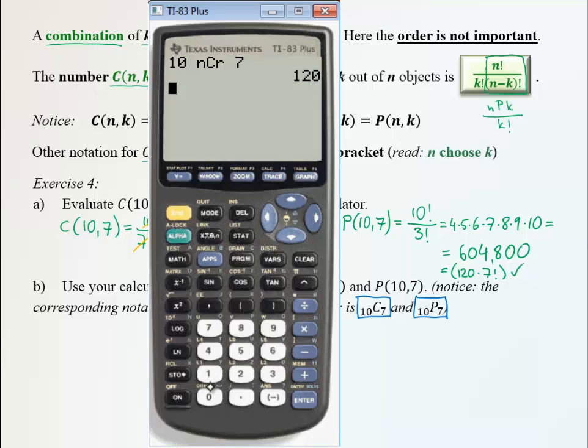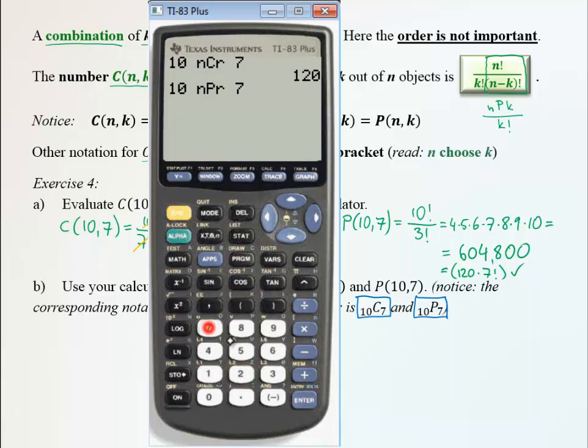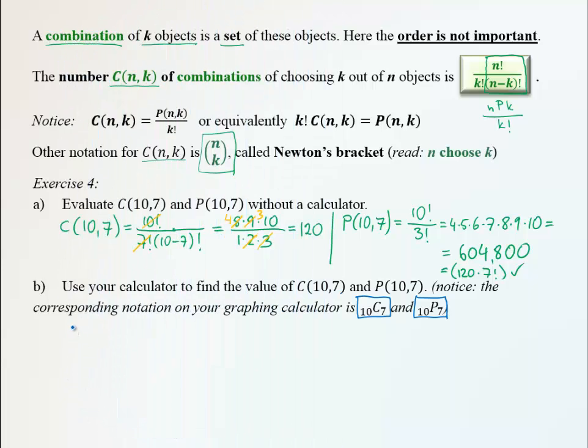And to find the number of permutations, we go a similar way: 10, math, scroll to probability, number 2, permutations, and 7, equals. So it's 604,800. So the number of combinations of 7 out of 10 is 120, and the number of permutations of 7 out of 10 is 604,800.